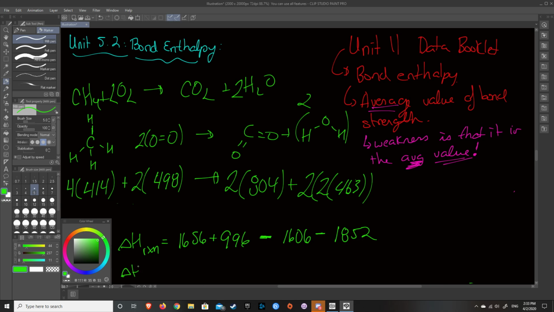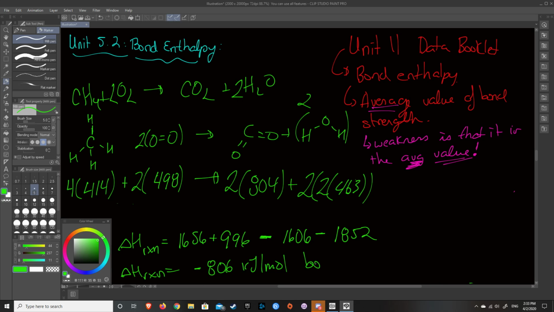So delta H of the reaction is equal to 1656 plus 996 minus 1608 minus 1852. So we get an enthalpy of combustion of negative 806 kilojoules per mole.